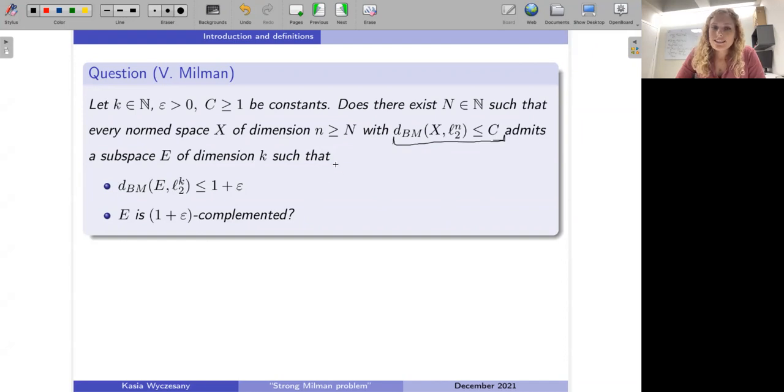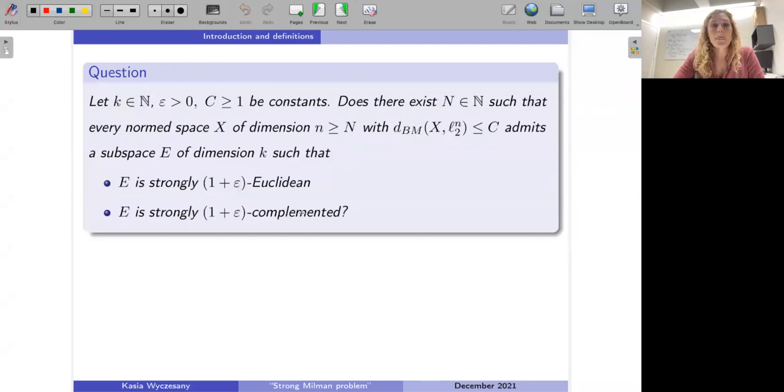But otherwise, with this assumption, this question is still very, very difficult, and we've been looking for a way of tackling those two conditions together. And therefore, we propose a reformulation, or actually a strengthening, of this question.